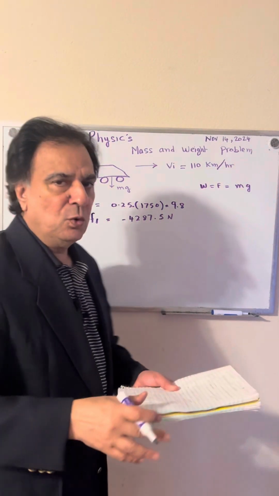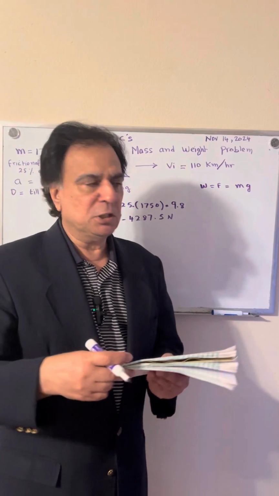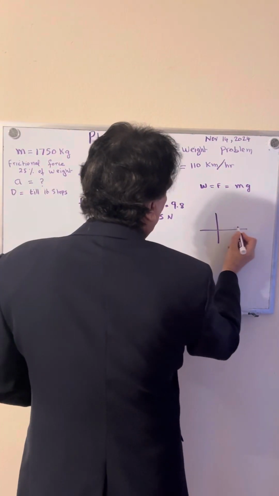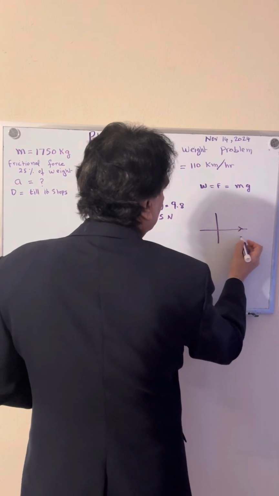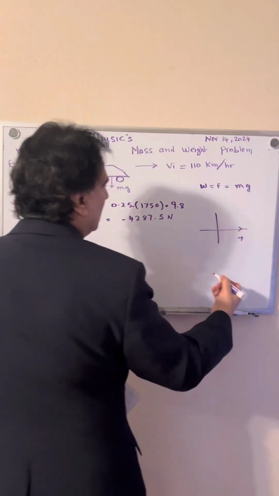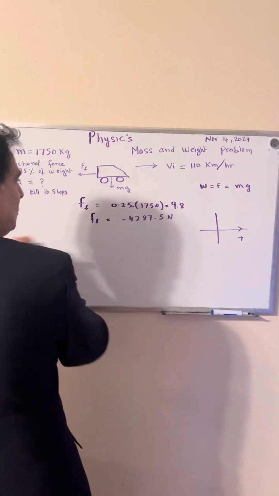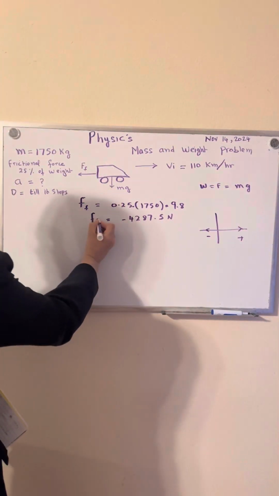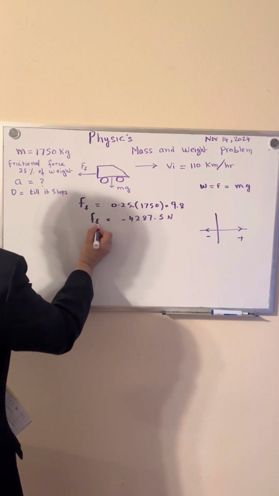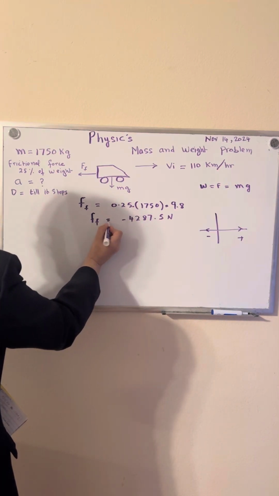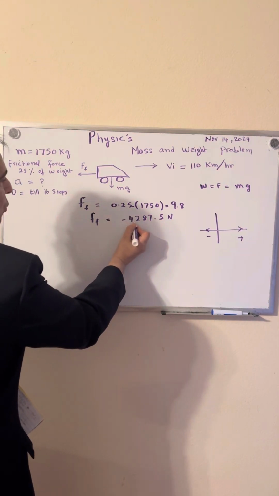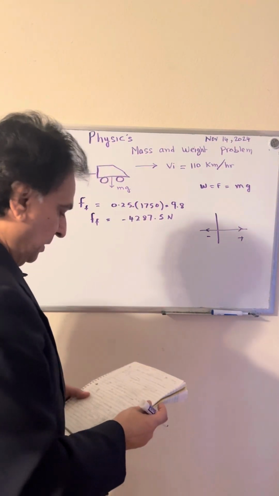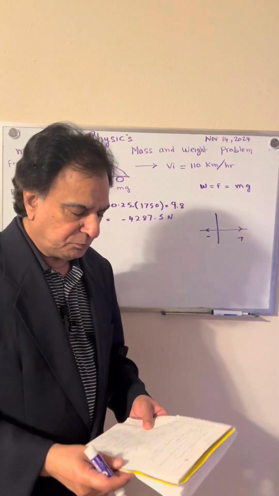Because if you have the orientation like this, if the force is in this direction, obviously this is going to be plus. If the force is in the opposite direction, you have to say it negative. That's the reason I say the frictional force is equal to minus 4,287.5 newtons. Clear? So far, so good.